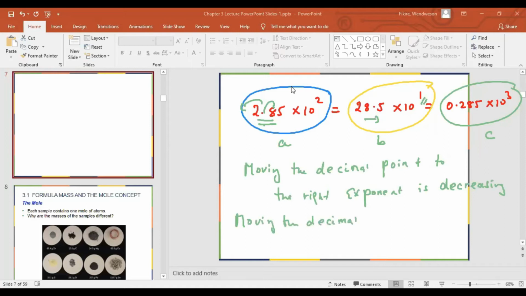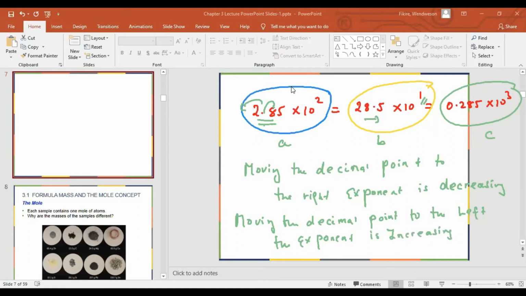Moving the decimal point to the left is vice versa. The exponent is increasing. Take this note, Marlene. The exponent is increasing.